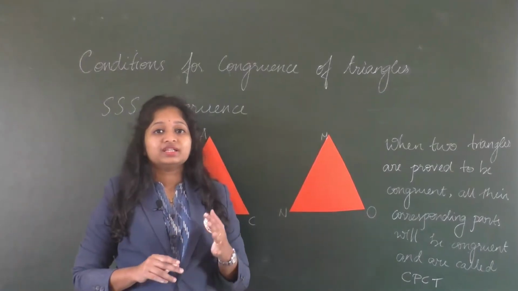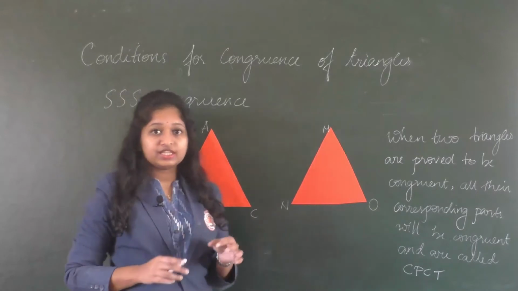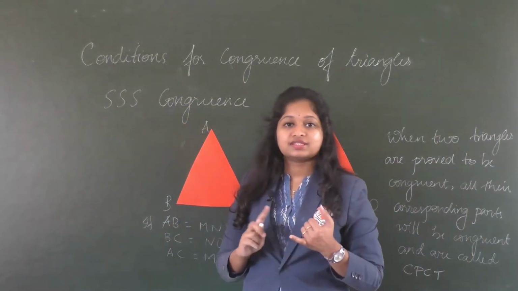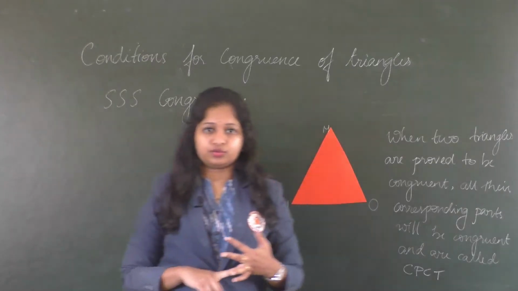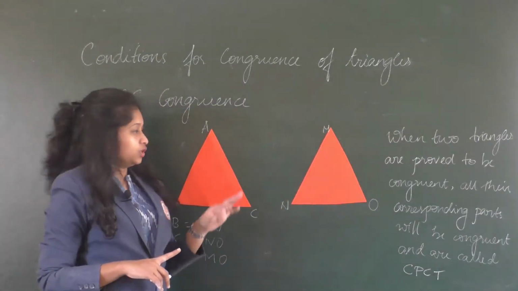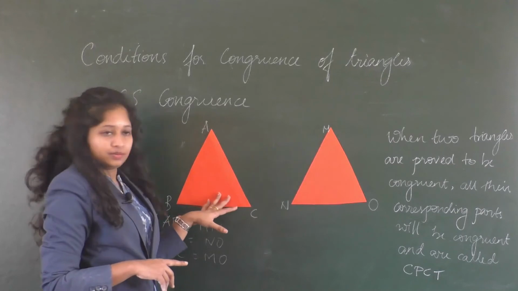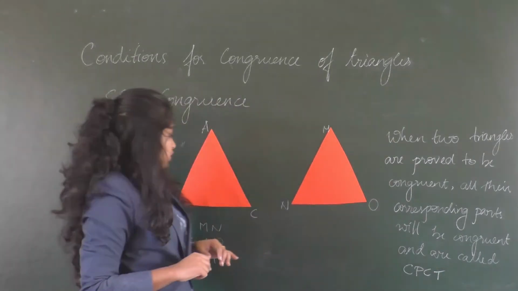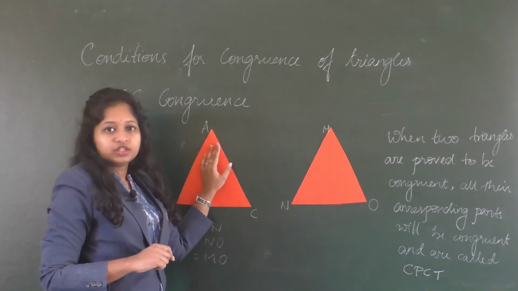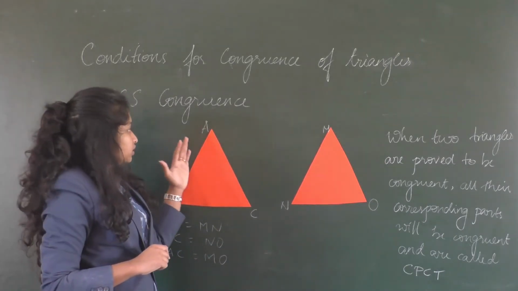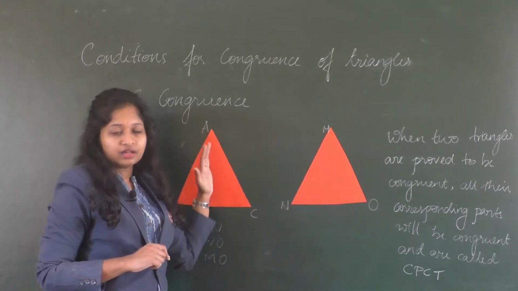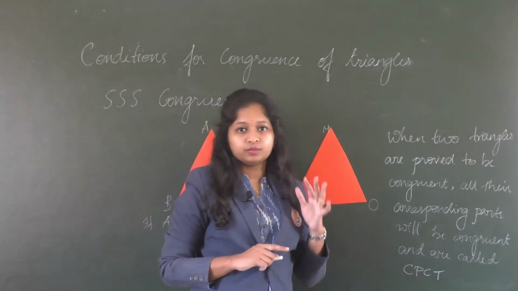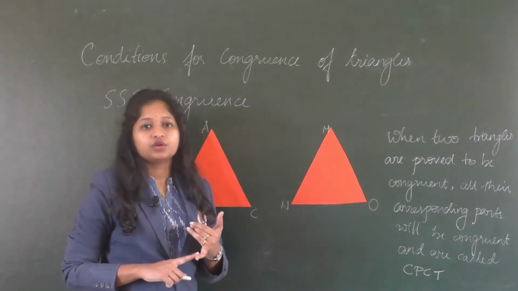So, children, let us see the first condition in detail now, which is SSS congruence, that is side, side, side congruence. Here I have two triangles, triangle ABC and triangle MNO. Here, if the corresponding sides are equal, then we can tell that both of these triangles are congruent.